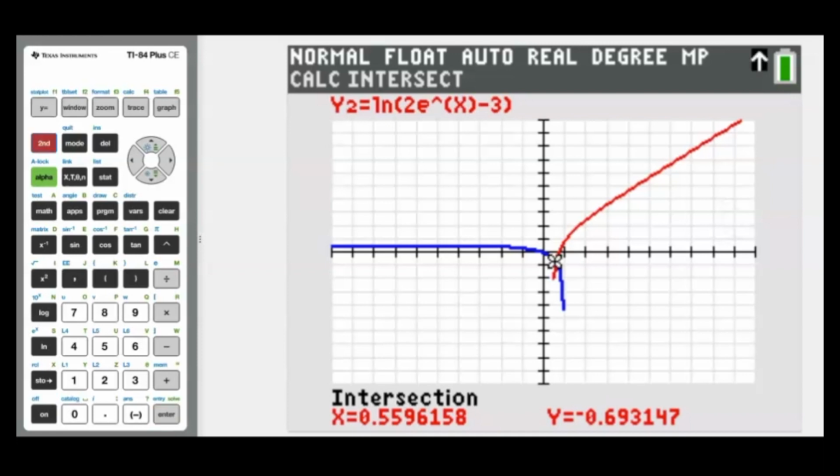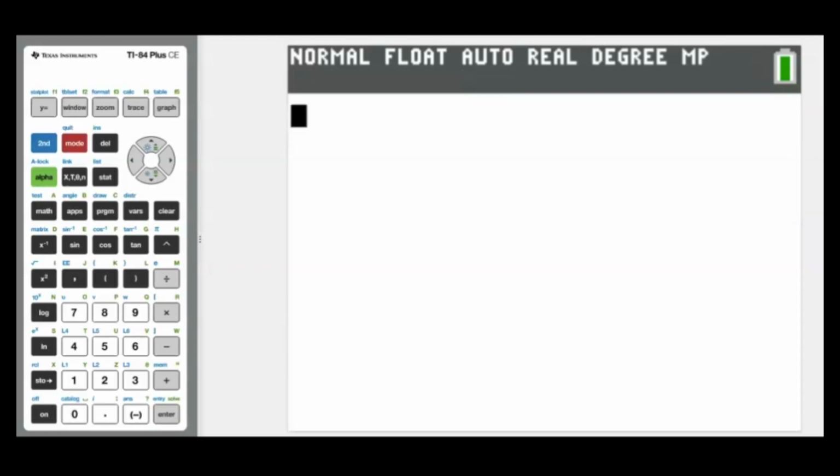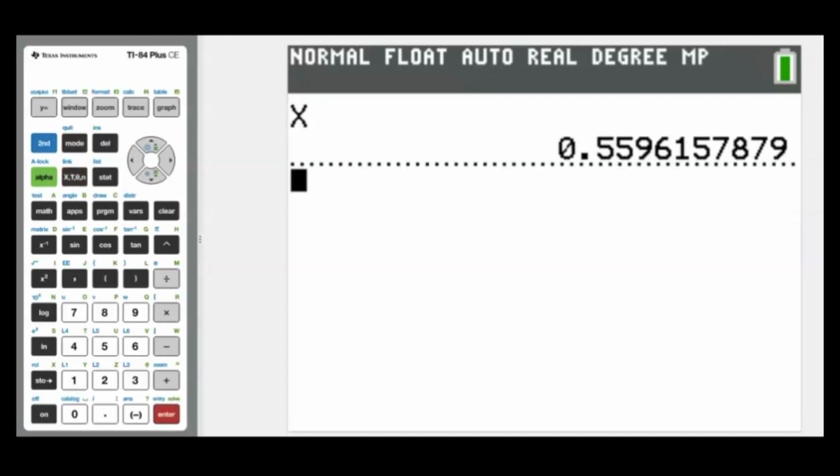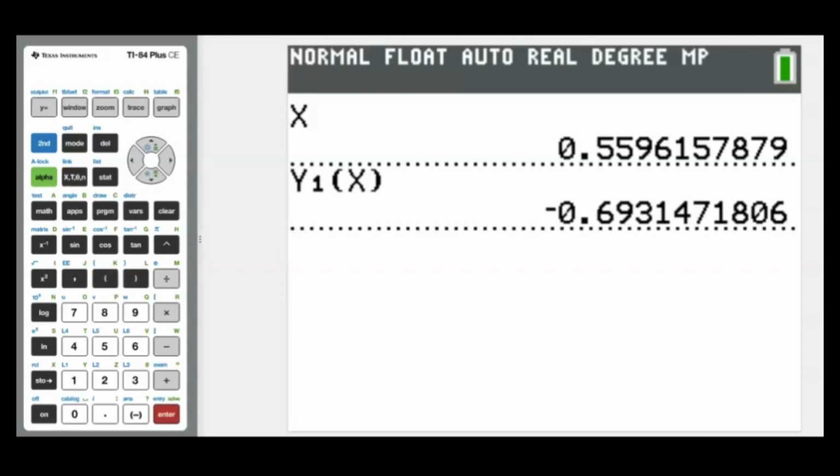You can hit second quit, pull up what your x was just then, and then what your y was by doing alpha trace y1 of x. So that's what our two values were. And now let's enter in what we got from our answers when we worked it out by hand.